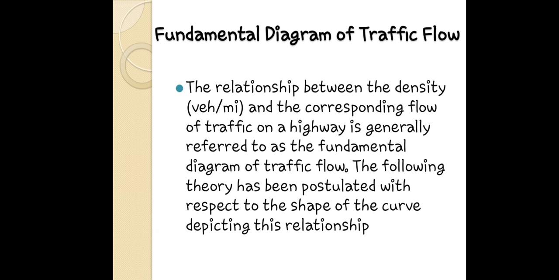The relationship between the density in vehicles per mile and the corresponding flow of traffic on a highway is generally referred to as the fundamental diagram of traffic flow. The following theory has been postulated with respect to the shape of the curve depicting this relationship.